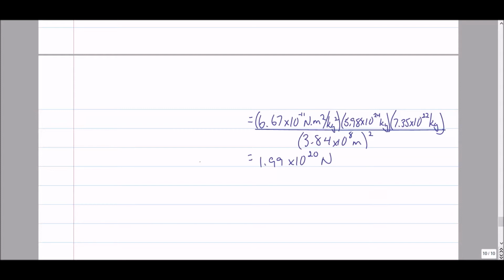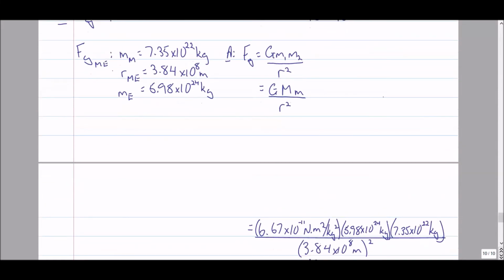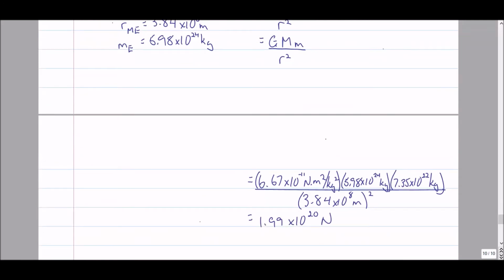The same would be true if we looked at the Earth orbiting the sun. The large M would be the mass of the sun, and the small m would be the mass of the Earth. So it is a significant force. It's the primary driving force for the way mechanics operate in the universe at large. It's just that we need lots and lots of mass to affect this force.